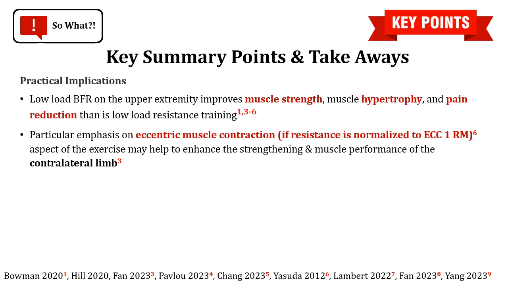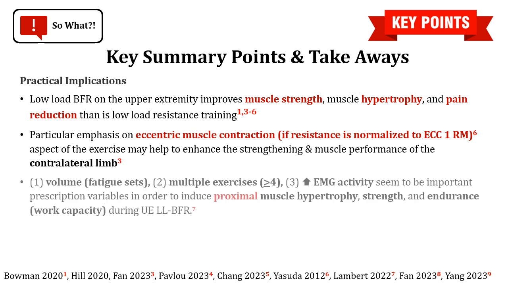If we're talking about bicep curls, that's going to be an underdosing of about 60% because of the eccentric to concentric strength discrepancies that exist in that muscle group. And then volume, that is, fatiguing sets, are a key variable when wanting to get not only full limb, but also shoulder and proximal muscle adaptations.